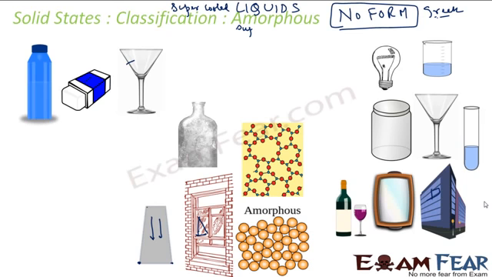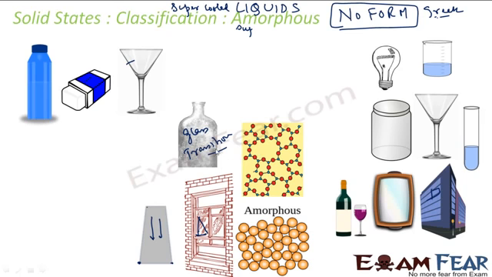This is called glass transition. When you heat the glass below its melting point, some of the amorphous solid crystallizes. This is called glass transition. I'll repeat the definition once again. When you heat the glass below melting point, some of the amorphous pattern crystallizes at some temperature.